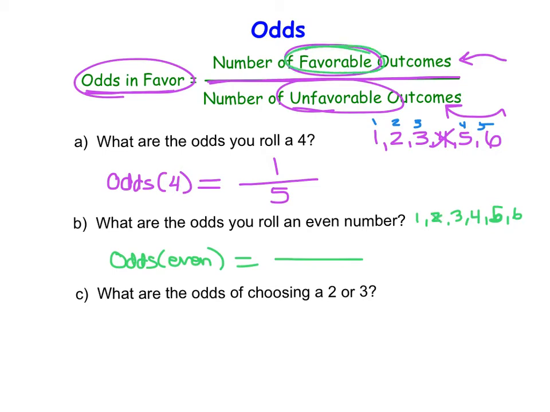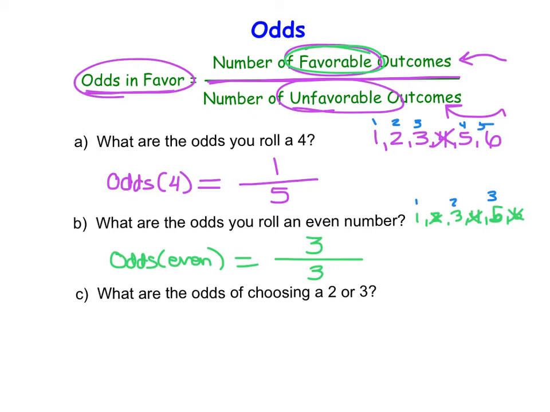So we have 1, 2, 3 favorable outcomes of 2, 4, and 6. Now my unfavorable outcomes, I have 1, 2, 3 of those as well. 1, 3, and 5.